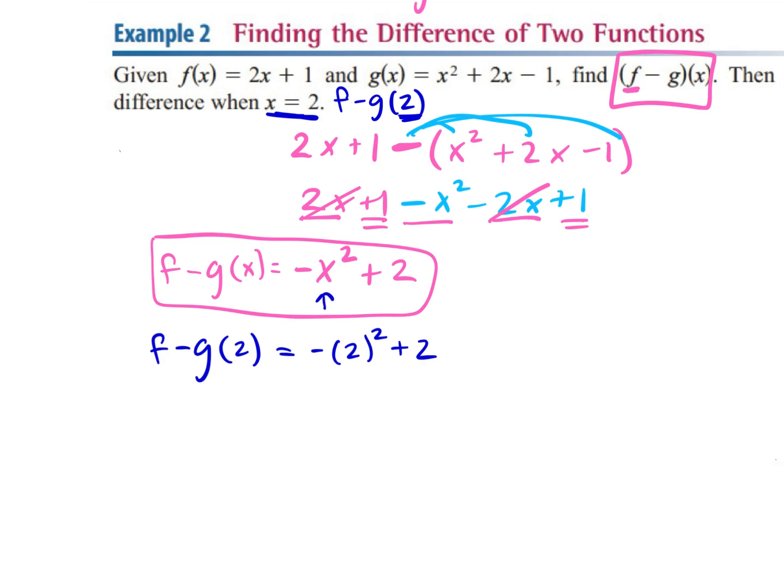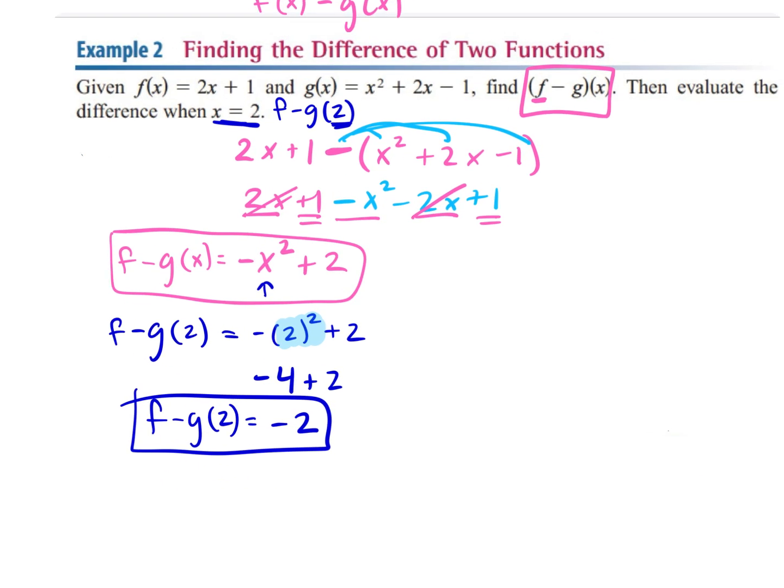We have to be careful here that negative is on the outside. It's not attached to the 2, so it's not being squared. So just the 2 is being squared here. So 2 squared would be 4, but we have a negative on the outside, so it's negative 4. And negative 4 plus 2 would be negative 2. So f minus g of 2 is negative 2.